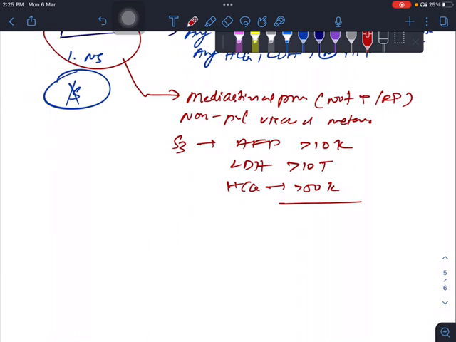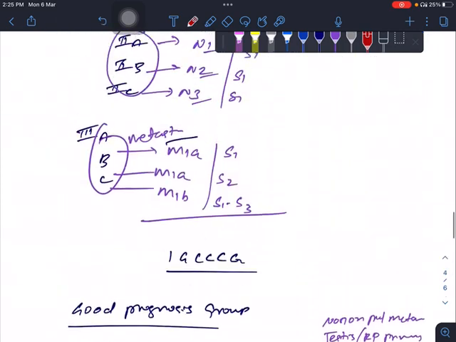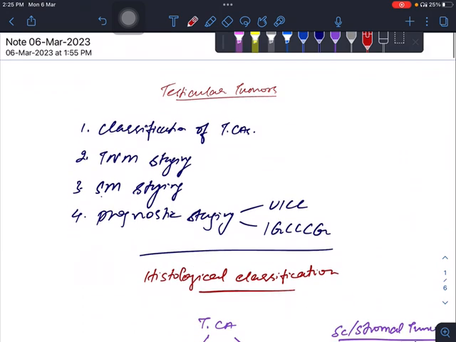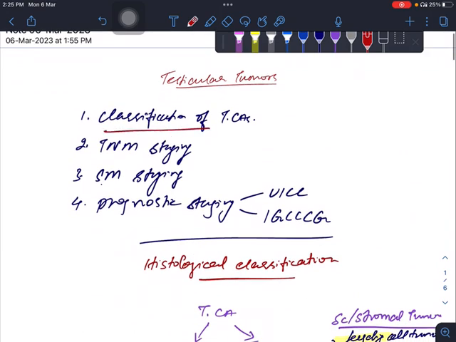In order to know which therapy we should give, these are the things we should be knowing about. So, we saw the histological classification system, TNM staging, serum marker staging, then the prognostic staging. Hope you understand this video.